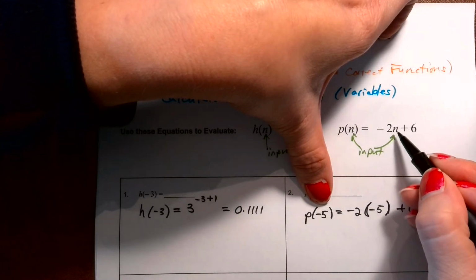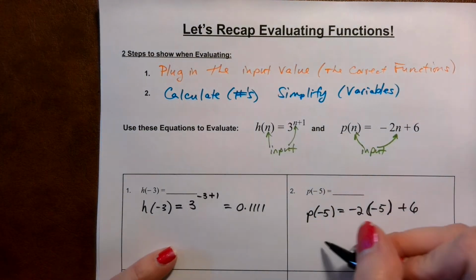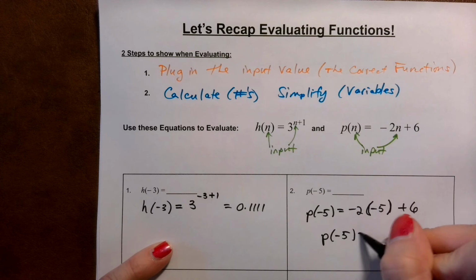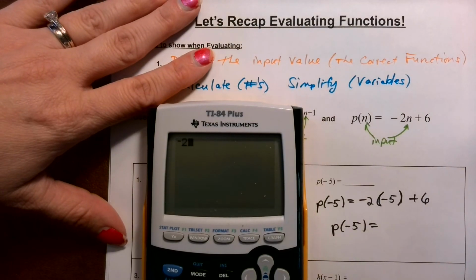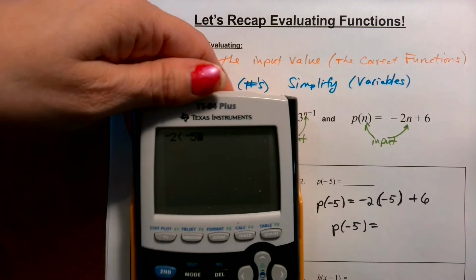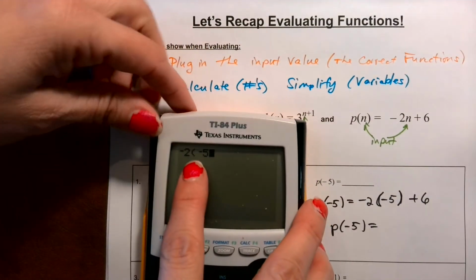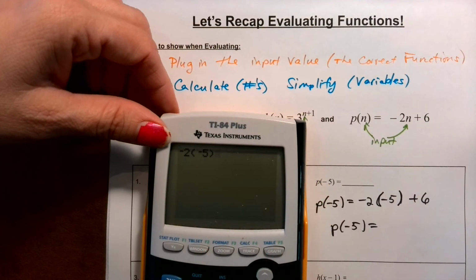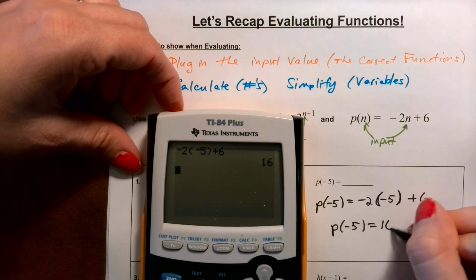When you have a letter next to a number, that means multiply. Parentheses is a great way to do multiply. So p of negative 5 is, I think I'll just use my calculator again, negative 2 times negative 5. Make sure that when you're doing the negative sign, it's the little one down here, not the minus sign, and it should look a little smaller. Close those parentheses, plus 6, and the answer is 16.